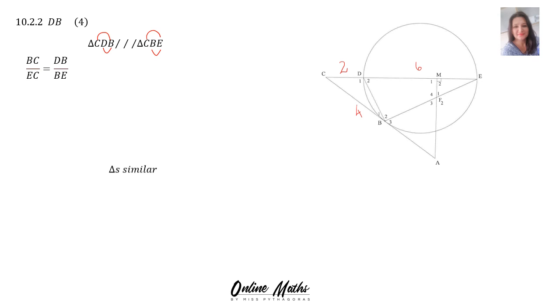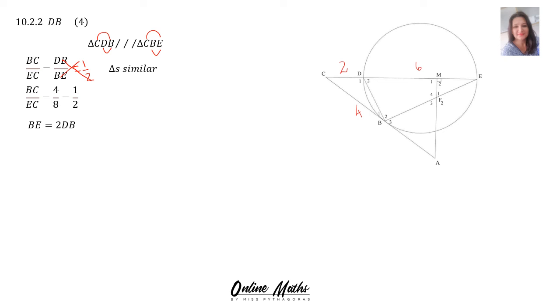Then BC is 4 and EC is 8. And we can write that ratio 4 over 8 as 1 over 2. And then when you cross multiply, you get that BE is 2 DB.